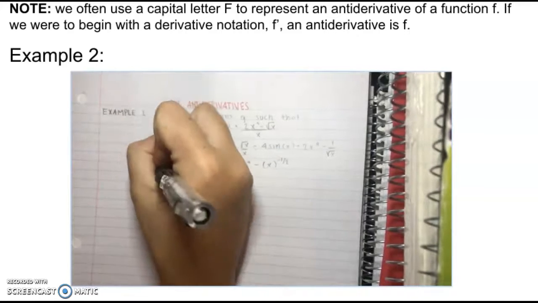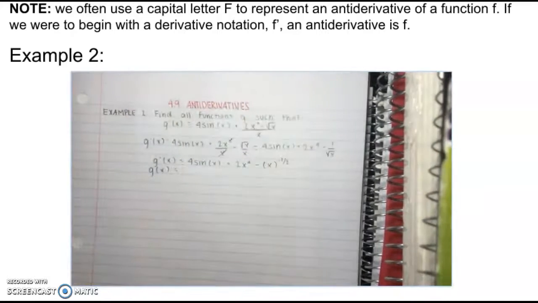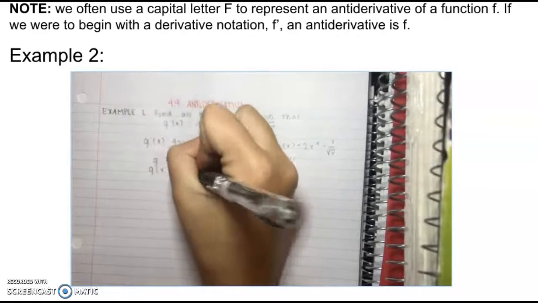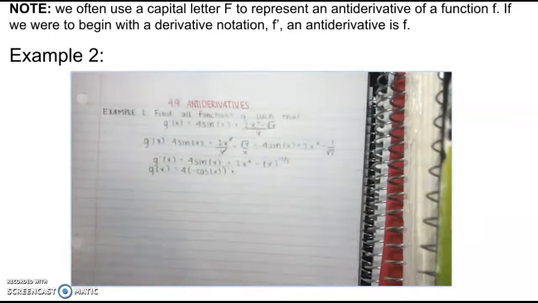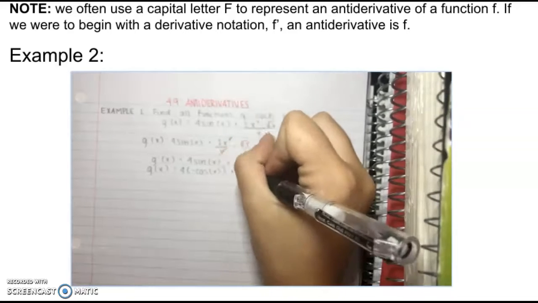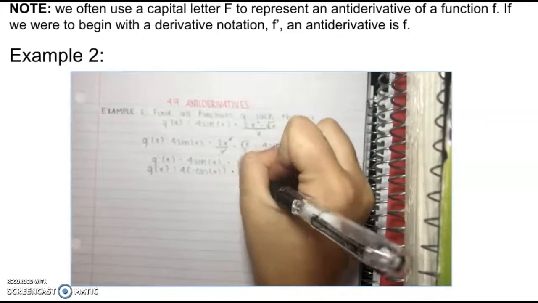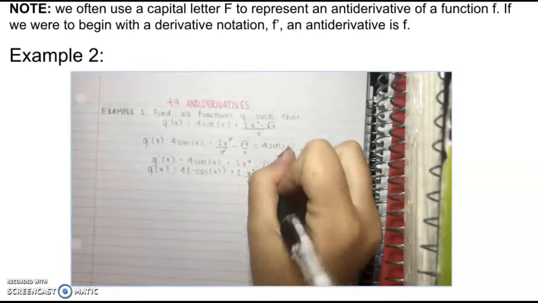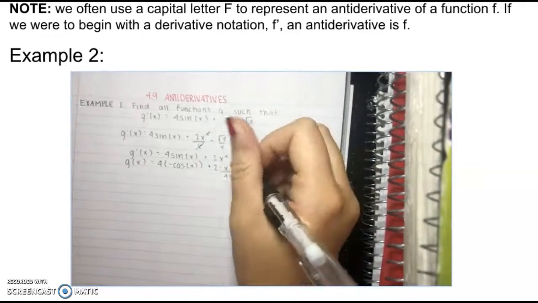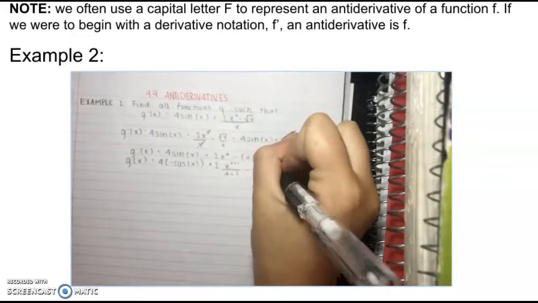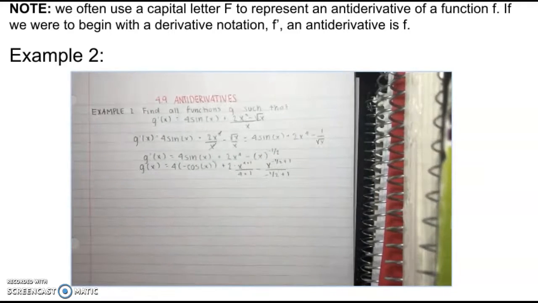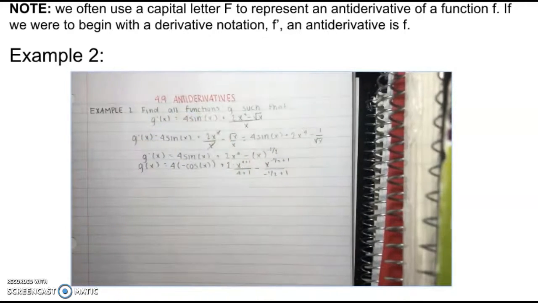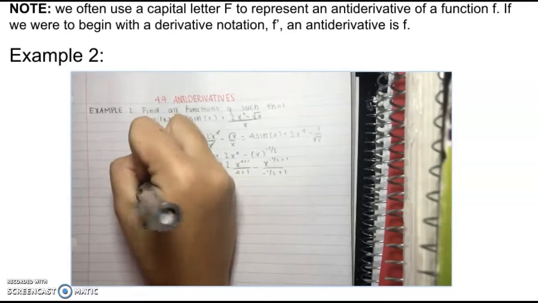And we do that. g of x equals, we did sine of x earlier, so it'd be 4 times negative cosine of x plus, using x to the n plus 1 over n plus 1, we can get 2 times x to the 4 plus 1 over 4 plus 1 minus, doing the same thing for this one, x to the negative 1/2 plus 1 over negative 1/2 plus 1.